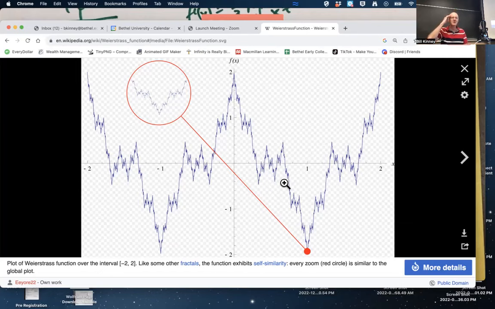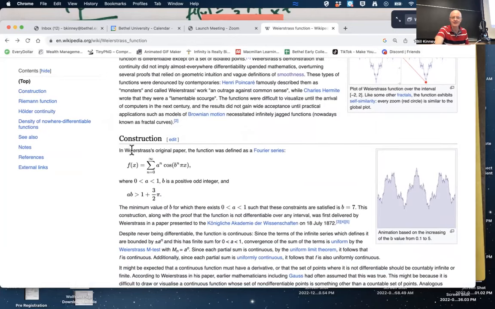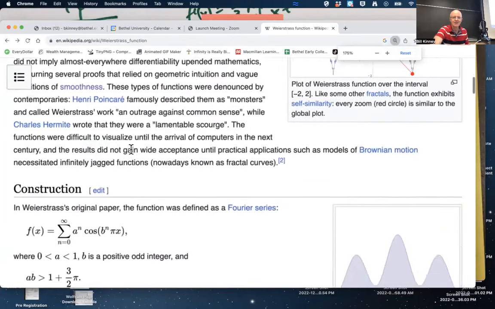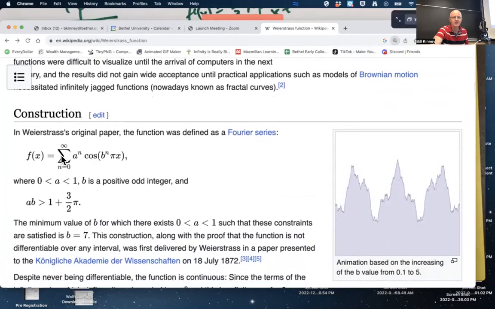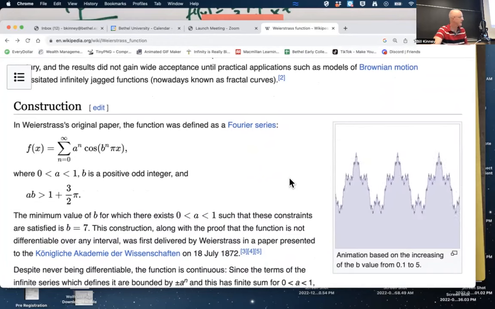How do you make such a function? You have to make it with what's called an infinite series. In this case, it's an infinite sum of trigonometric functions of all things. And these, what you see over here, are approximations to the graph as the number of trigonometric functions gets higher and higher. It's an example of something called a fractal. Does it have any applications?